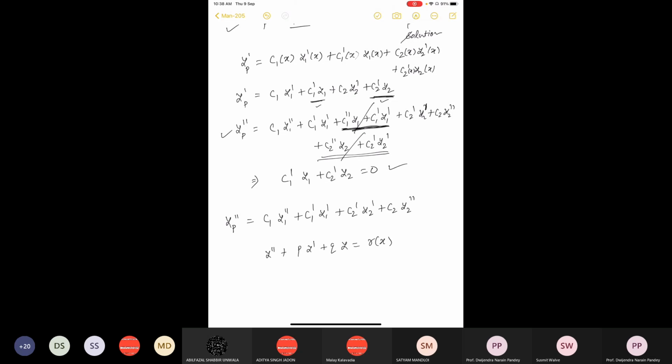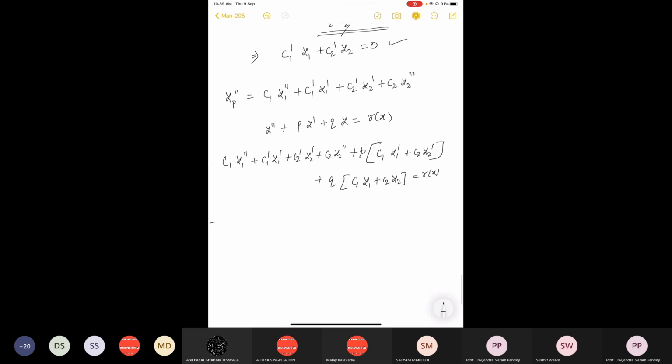Writing y double dash, it is c1 y1 double dash plus c1 dash y1 dash plus c2 dash y2 dash plus c2 y2 double dash, plus p times c1 y1 dash plus c2 y2 dash, because this part simply vanishes, plus q times y, which I'm writing as c1 y1 plus c2 y2, and this is equal to r of x.